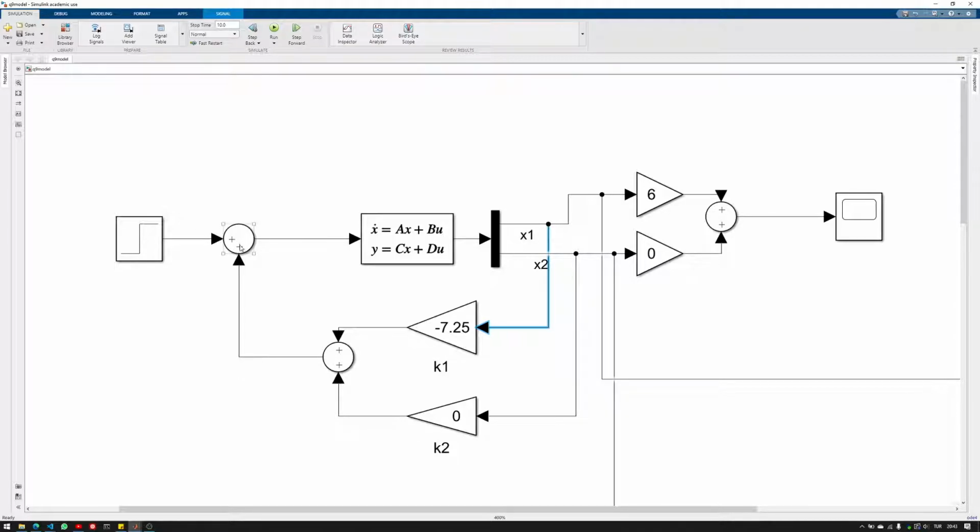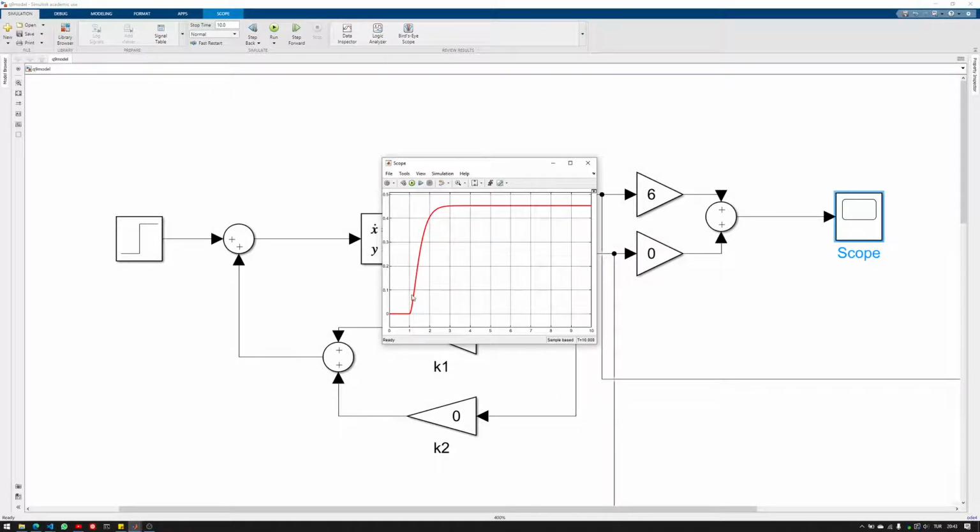Now, don't confuse this with the minus sign, r minus y and the error, because it is not the same. And also keep in mind that I have used minus 7.25 in the gain itself, in order to be consistent with my summing nodes.